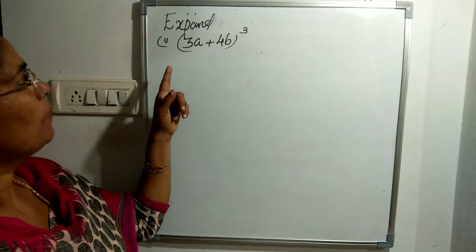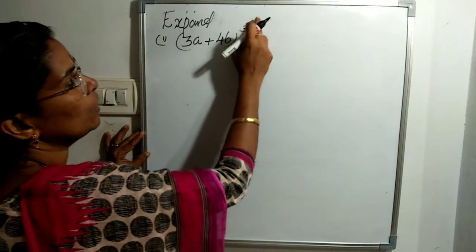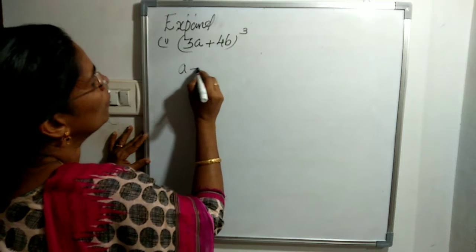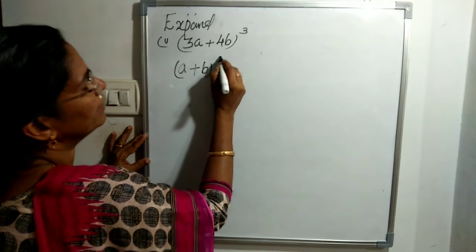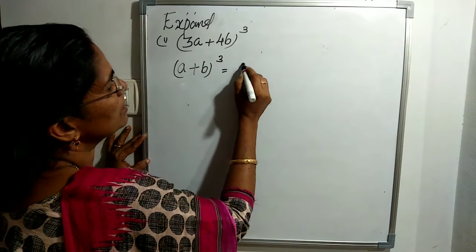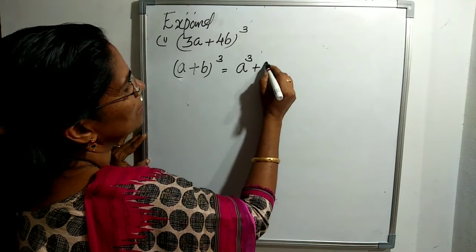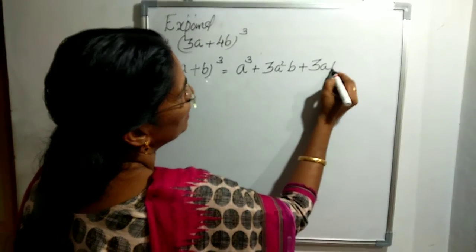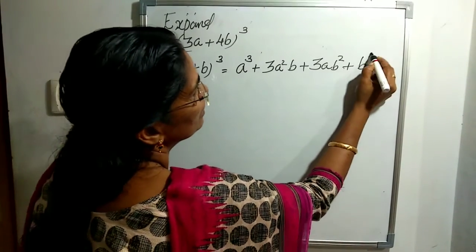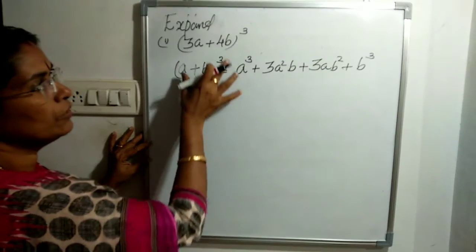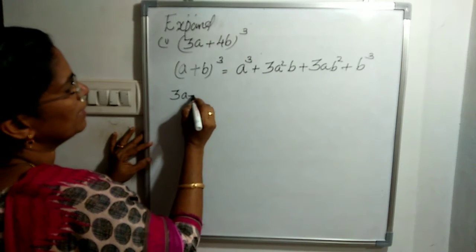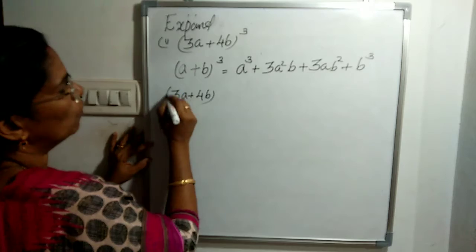First question: expand (3a + 4b) whole cube. This is in the form (a + b) whole cube. So first you have to write the identity: (a + b) whole cube is equal to a cube plus 3a square b plus 3ab square plus b cube. First you have to write this identity. Now our question (3a + 4b) whole cube.